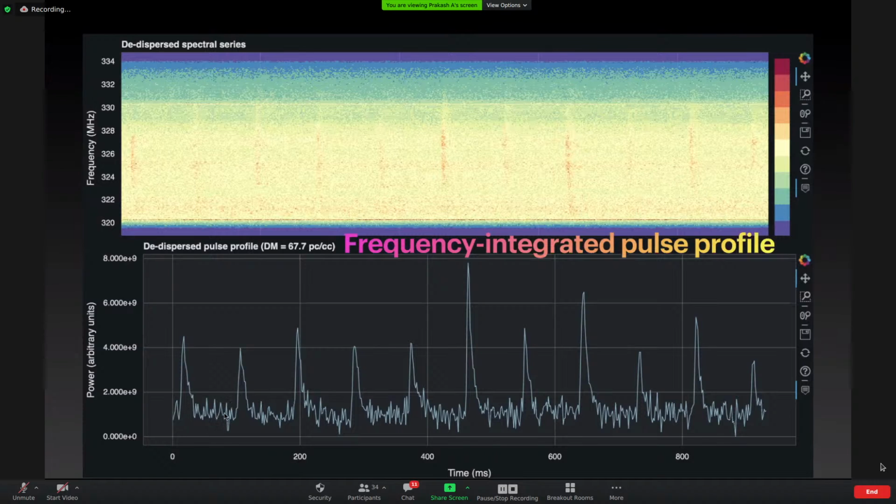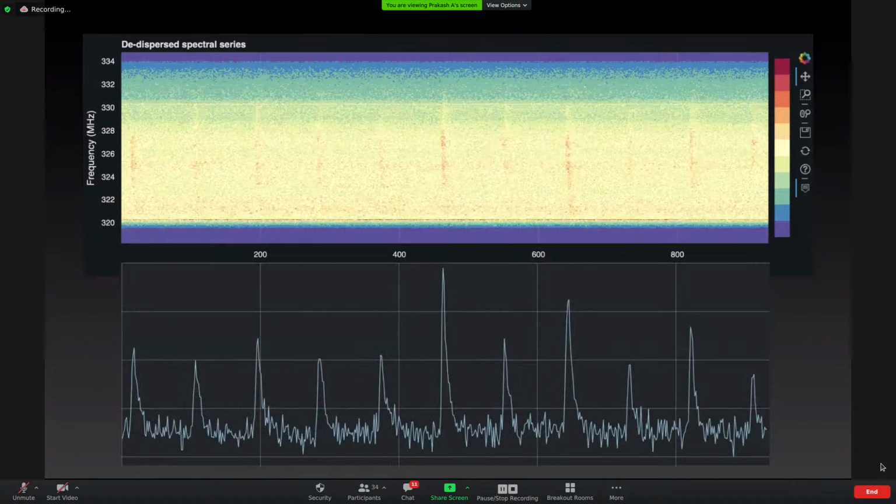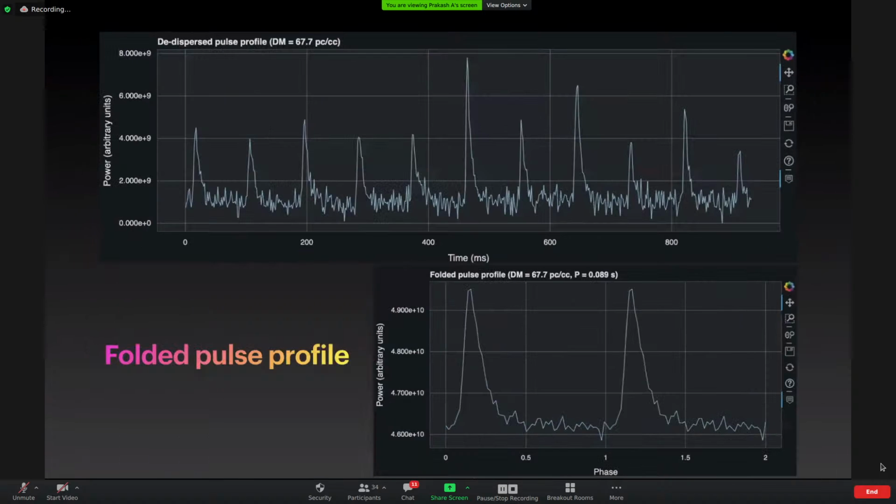So in this particular frequency integrated time series, using the period as a modulo, you keep on adding or stacking these pulses on top of each other so that you get a single integrated pulse. So that is essentially what's done over here in the bottom panel. It has been folded and then it has just been repeated so that it's clear.